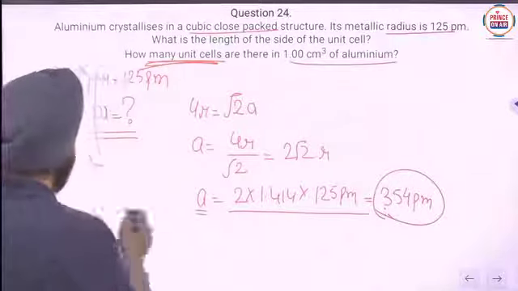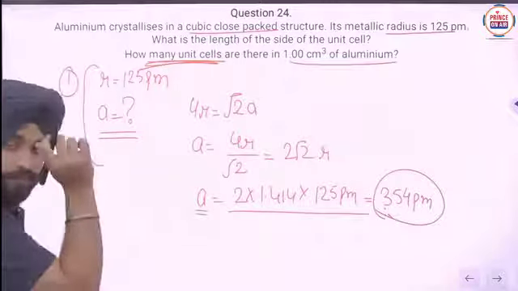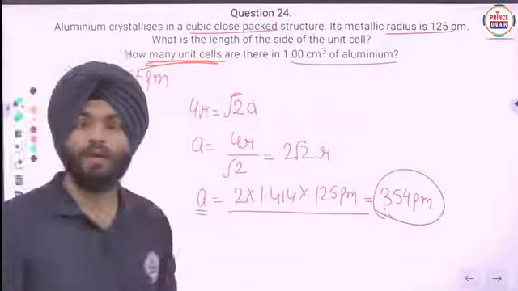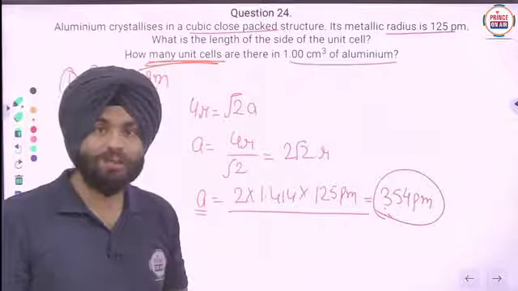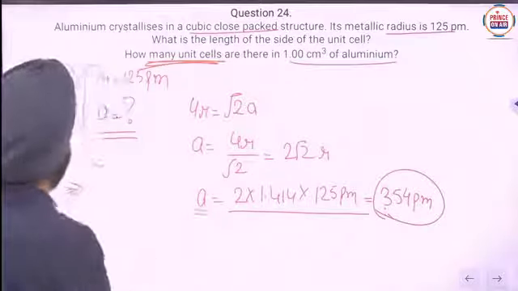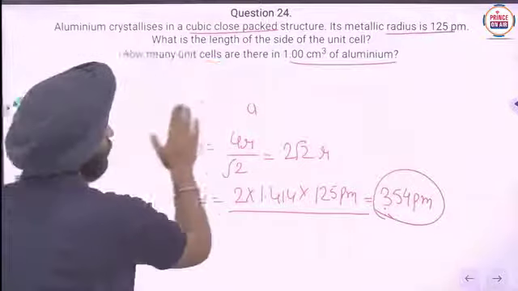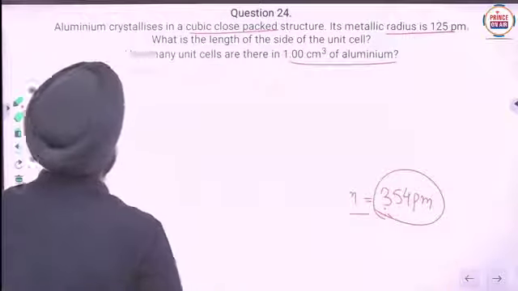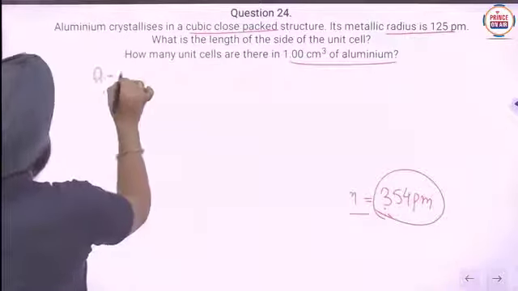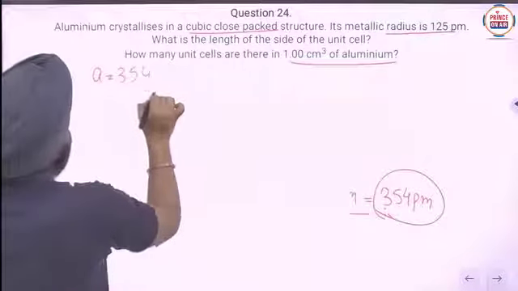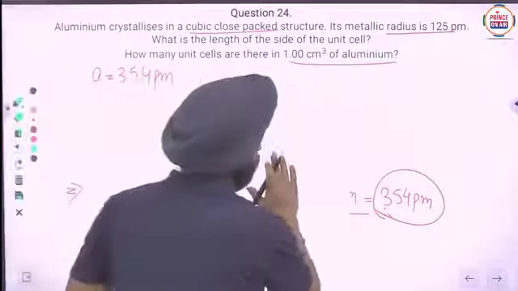So, how can you calculate the volume of 1 cube? That is from A cube. The value of A is 354 picometer.